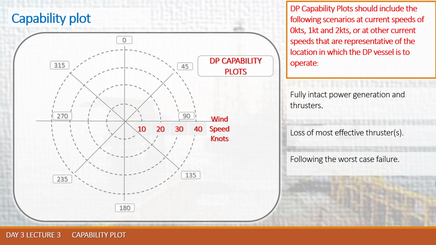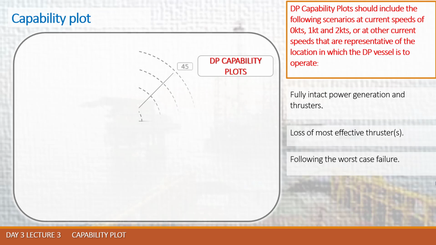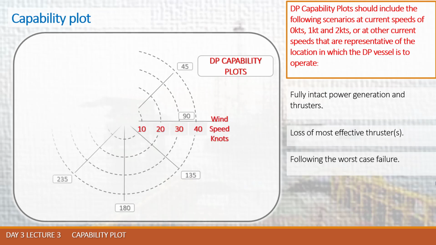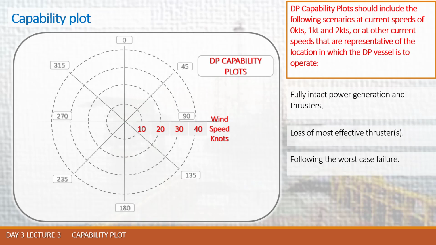And in my example I have one typical case, as I said, where on the polar plot you have wind speed in knots, and wind and current are working from the same direction in my case.